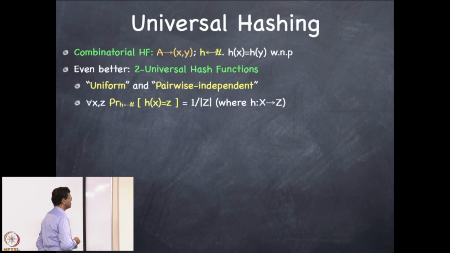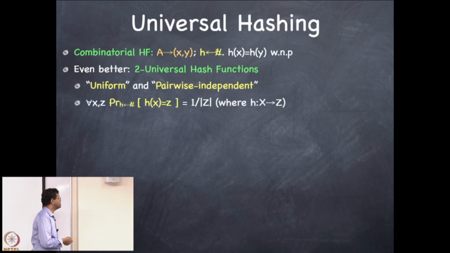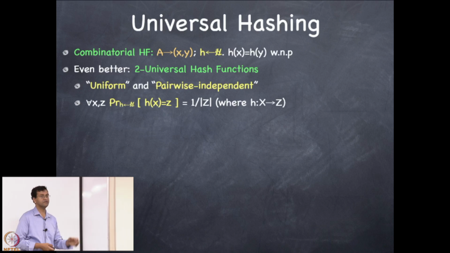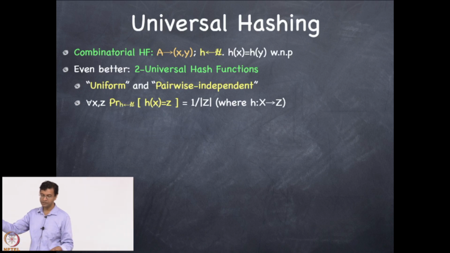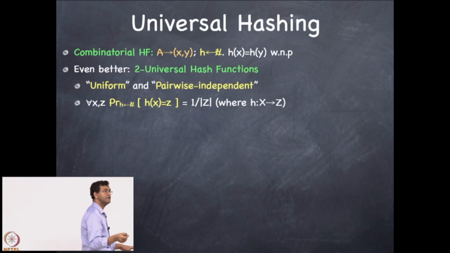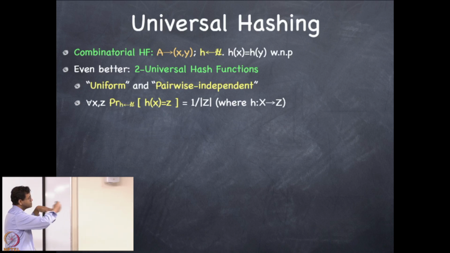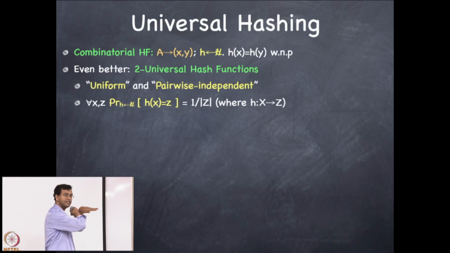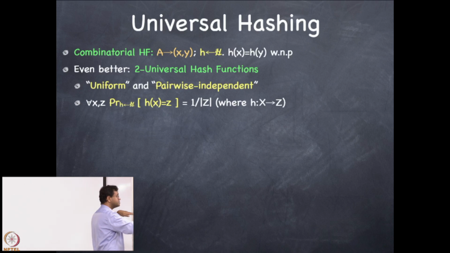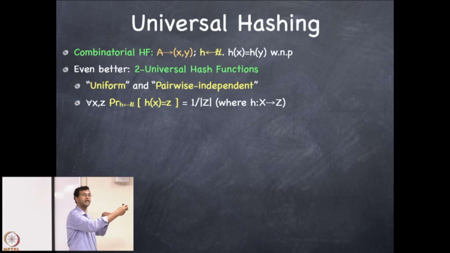So what are these two properties? Uniform just means if I fix any x, and I pick a hash function at random, the output will be uniformly random. Okay? In terms of the table we had in the beginning, picking an x is picking a row, picking an h at random is looking at the entire row, and in the entire row you will find every possible value in the range an equal number of times.